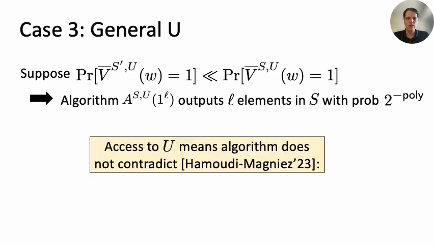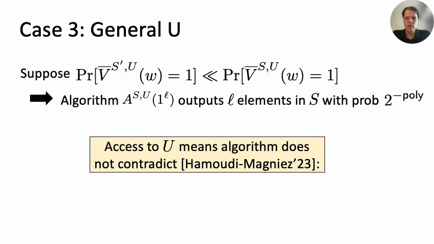Okay, so now we need to move on to the general case, where V bar actually gets queries to both S and U. So we can go through the stuff on the previous slide, and what we get is an algorithm that makes queries to S and U and outputs a bunch of elements in S with probability 2 to the minus length of witness.